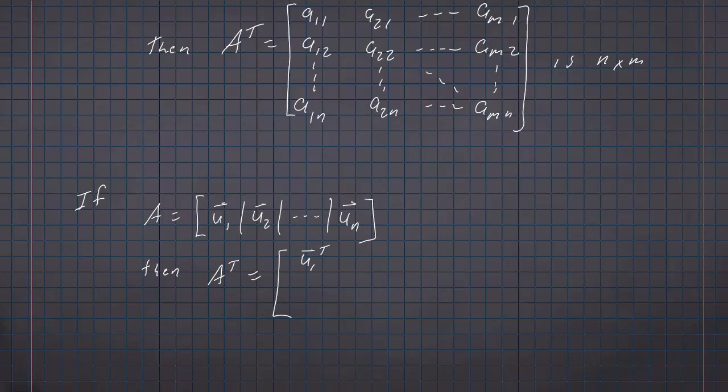So the transpose of a column vector will be a row vector. The transpose of a row vector will be a column vector. So if we have column vector U1, row vector U1 transpose is the same elements, just written across instead of written down.